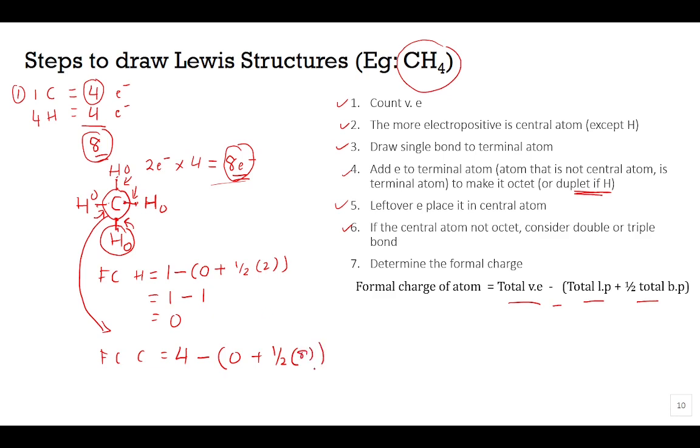So this is actually 4 minus 4, which is 0. So carbon is also 0. So all of these are 0. What does it mean when the formal charge is 0? When it is 0, we can say it is stable. Anything that is too negative or too positive is not stable. So we actually try to find a structure where all of the formal charges are 0.